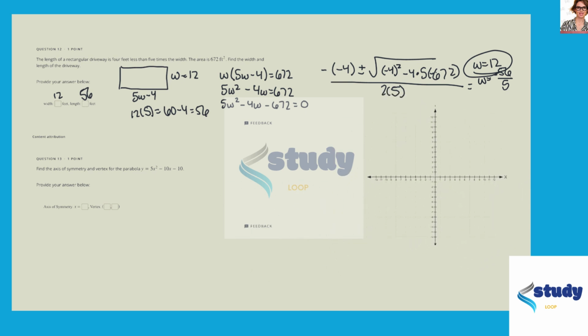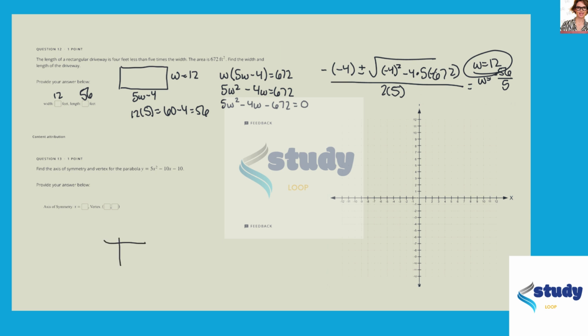I always like to use low numbers. For my low numbers, I'm going to use x values of negative 2, negative 1, 0, 1, and 2, and let's see where that leaves me.